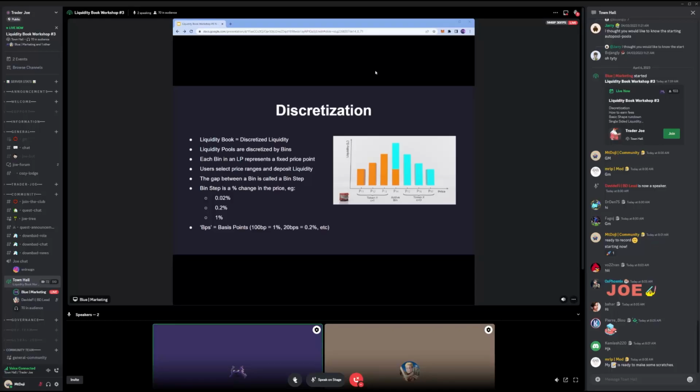You can see this graph that we've got on the slide here. This specific graph has 7 bins, okay? So it's P11 up to P17, and each of these bins has a fixed price point for the assets that it is representing in that liquidity pool. And you can see the bars going up and down. That is just visualizing liquidity held within those bins that are stuck on that fixed price point within the liquidity pool.